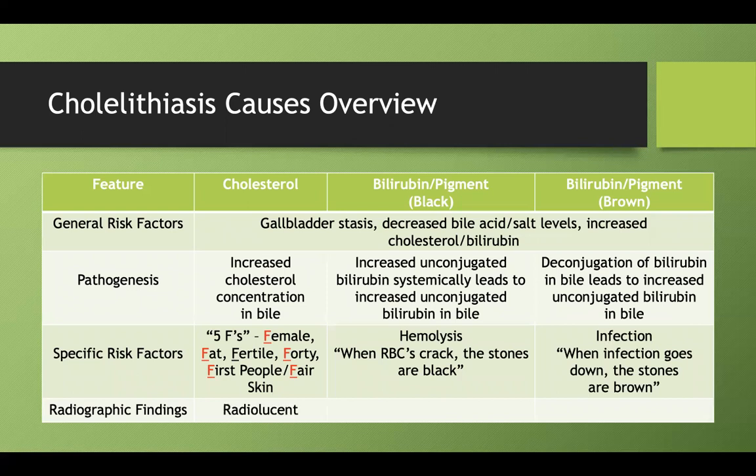I also included the radiographic findings: cholesterol is translucent, black is radiopaque, and brown is radiolucent. I don't know if I was tested on the translucency of this, but just remember that black stones are the only ones that can be seen. So they're the only radiopaque stones.